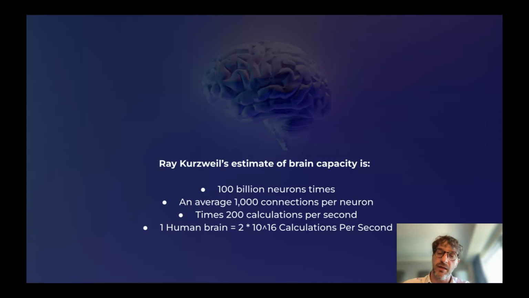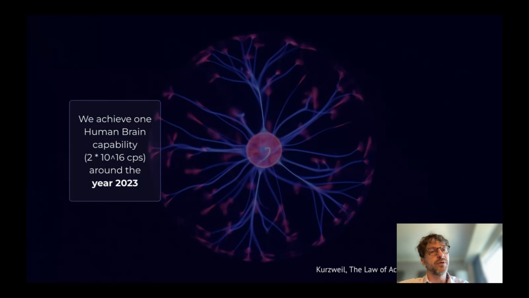Okay. He wrote this in 2001. So why is that relevant? Well, in 2001, what he predicted was we would achieve one human brain capacity around the year 2023. Really interesting to note that in 2023, we saw the advent of ChatGPT. I think it was 3. He also predicted something else.